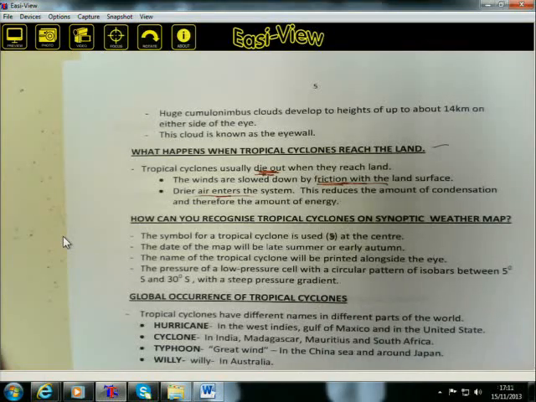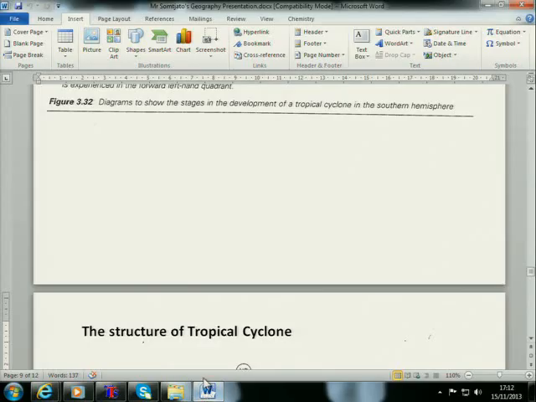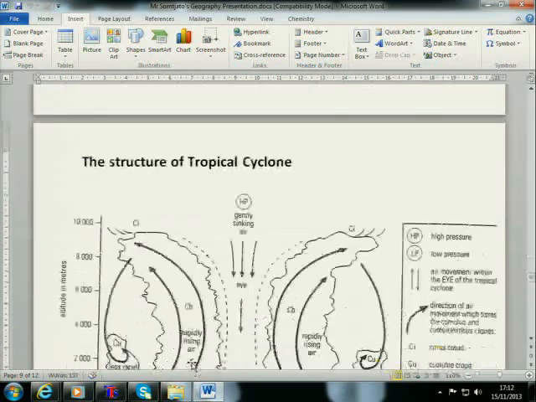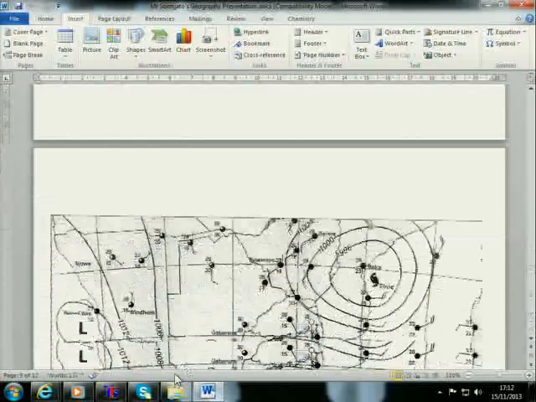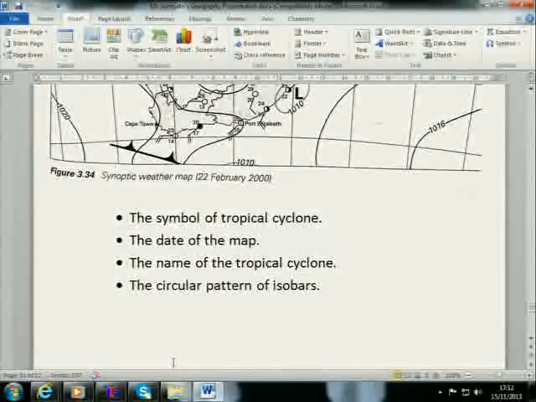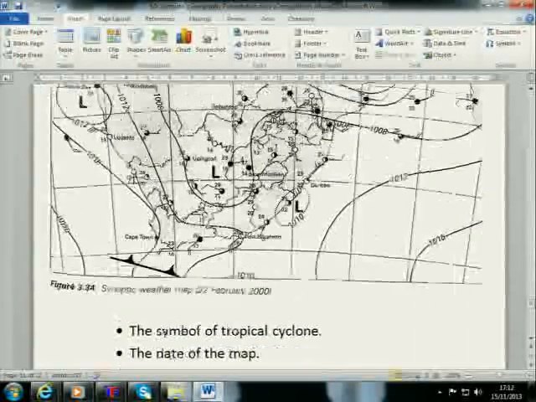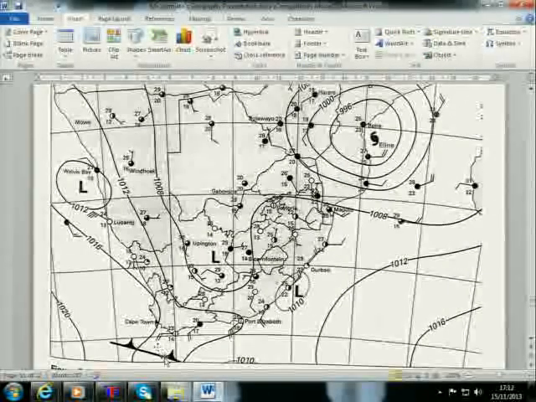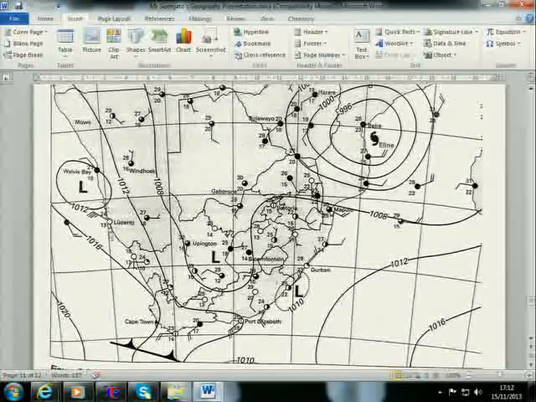Now, how can we recognize tropical cyclones on the synoptic weather map? How can we recognize the tropical cyclones over the land? Look, this is the synoptic weather map.